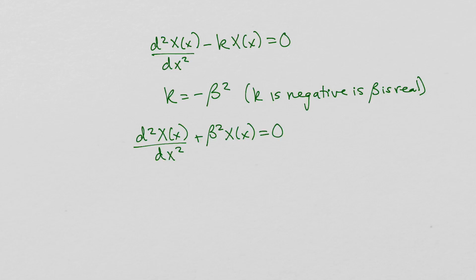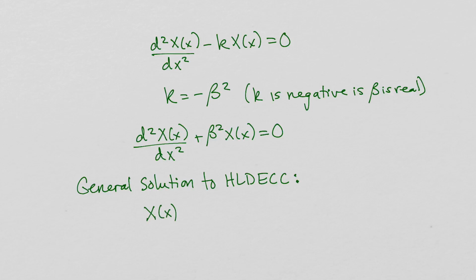Okay, so the reason that this is nice is that knowing that we have an HLD-ECC form of an equation here, we know what the general solution to that equation is. Okay, so life is nice for us here. So the general solution to our HLD-ECC is this form of equation.